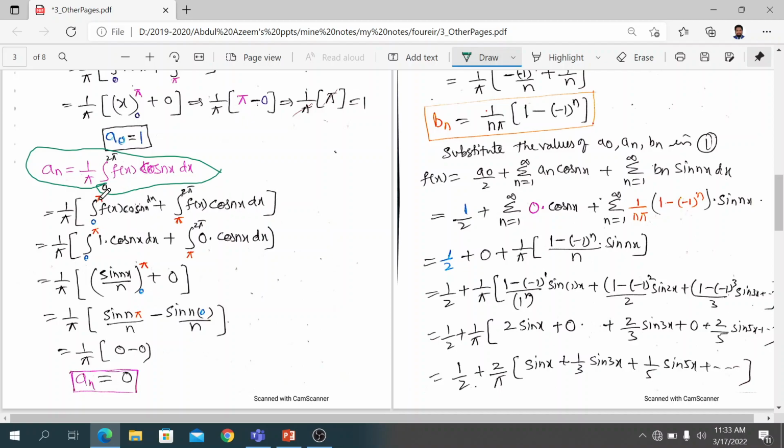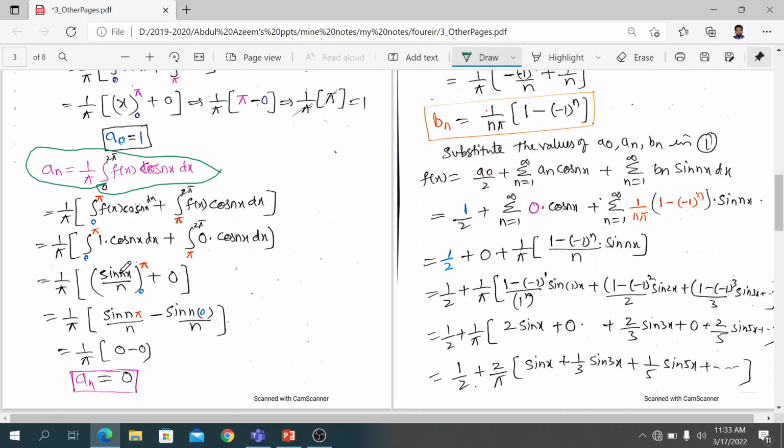So between 0 to pi f of x function 1 cos nx, plus pi to 2 pi f of x 0 cos nx dx. So 1 into cos nx, integration sin nx by n, 0 to pi, this is the limit, plus 0 into something 0.